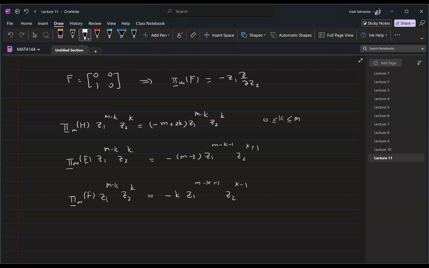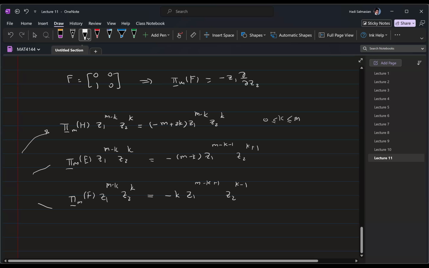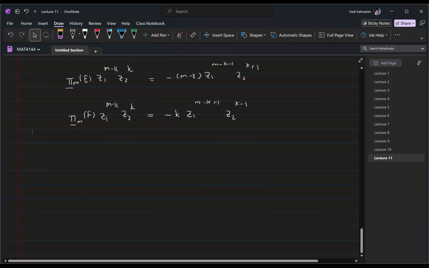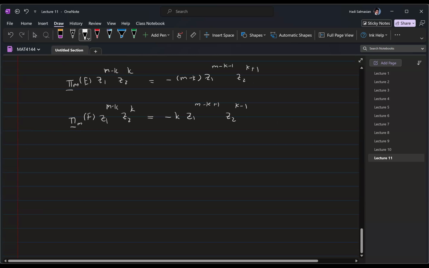So now working with the Lie algebra action is much easier, because at least you know that this operator is diagonalizable, and these guys are moving around the eigenvectors. So we could write this picture.